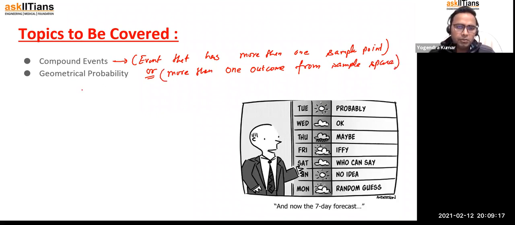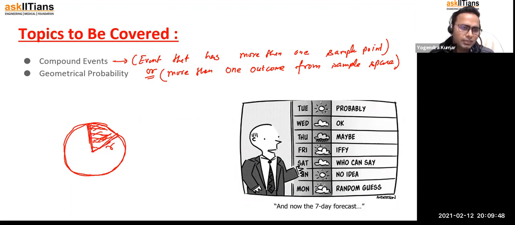Now geometrical probability is something we want to deal with. Suppose there is a circle of radius r and I want to choose a particular point from the plane of this circle, and that point belongs to this sector, one particular quarter of the circle.